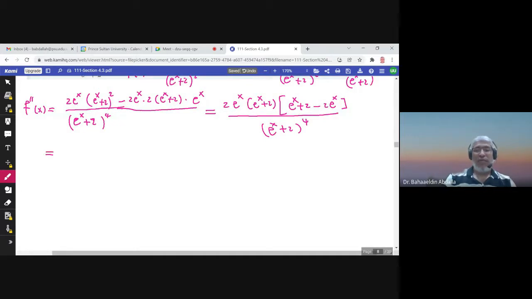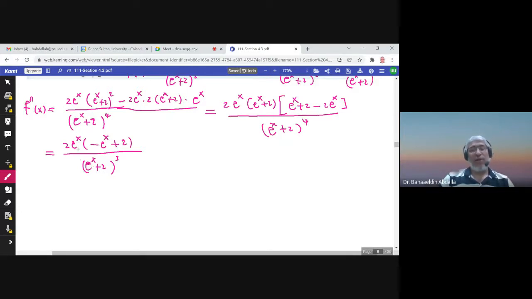Well, I have 2e^x. e^x plus 2 will be cancelled with one of the 4 e^x plus 2 below, and I'll have (e^x plus 2) to the power 3. And now I have e^x minus 2e^x is negative e^x plus 2. All right. So now this is f double prime. The denominator cannot be 0 because e^x is always positive.